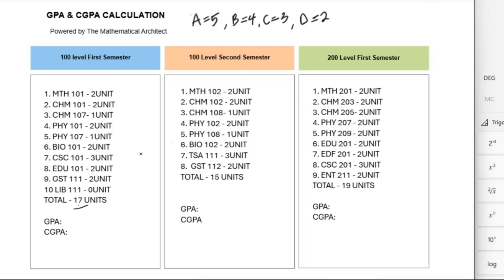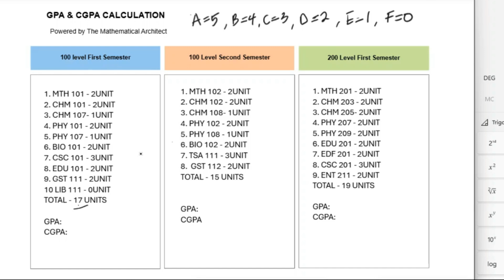If you have E, that is if your school gives E as a grade, it can represent 1 point, while F is 0 points. So just let me write it there. This is 1 point, while F will give us 0 points.